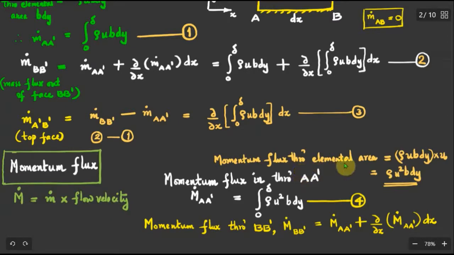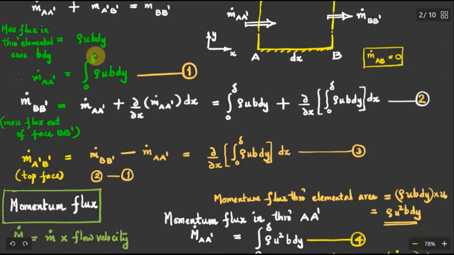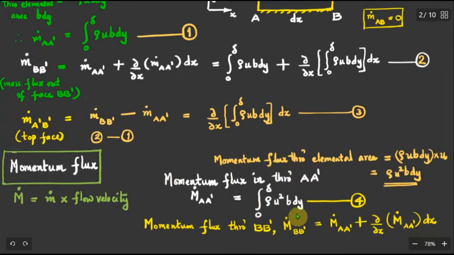So now the momentum flux through the elemental area B dy. We already know the mass flux through the elemental area, that is rho u B into dy, multiplied by the velocity of flow through the elemental area, that is small letter u. That will give you the momentum flux through the elemental area, that is rho u B dy into u, that is rho u square B dy.